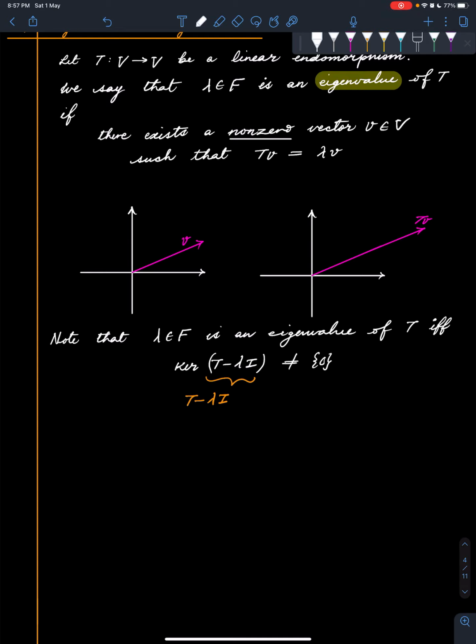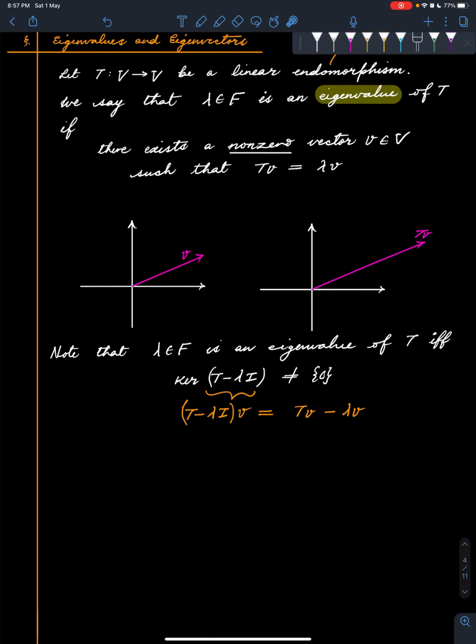If I have a vector V in our vector space capital V, then this produces TV minus lambda V. That's the output it gives. I is the identity transformation. It doesn't change anything. So this is self-explanatory. Just note this is the case.